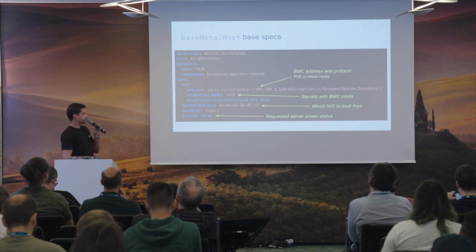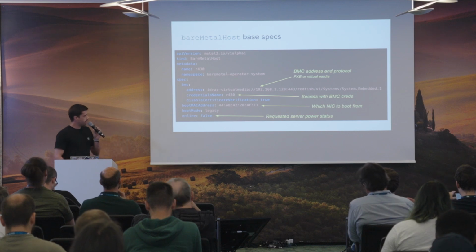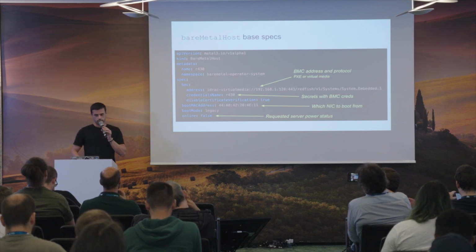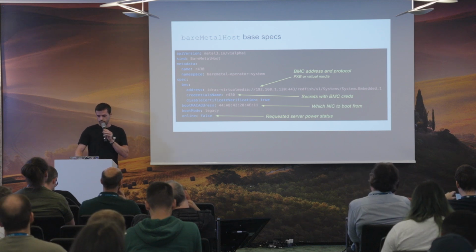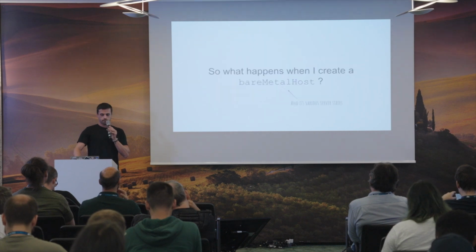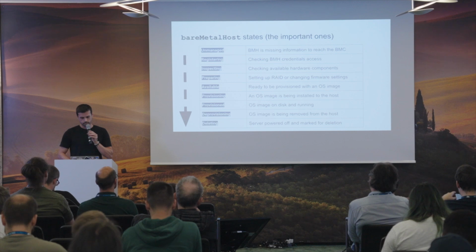Also which network card to boot from if we're going with PXE, and whether we want to keep the server powered off or on. So this is just the basics. We don't have anything about this server yet, just the IP and a bunch of credentials. So if I create this, what is going to happen next?